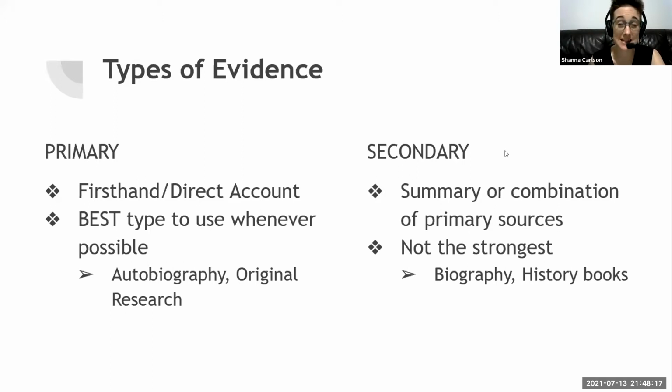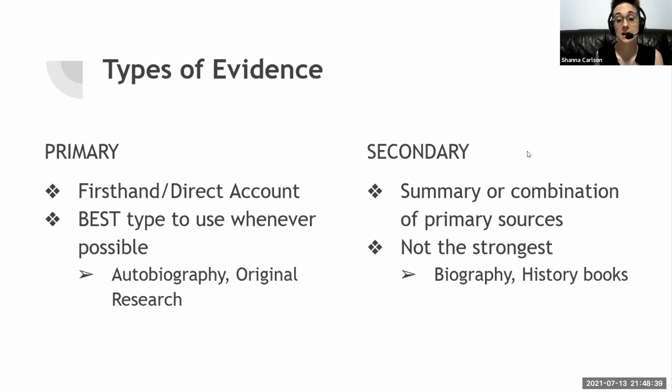We then have secondary evidence. Secondary evidence is when someone takes a bunch of primary evidence and summarizes it or puts it all together. This is not the strongest. It can be used in debate and often is, and that's fine.